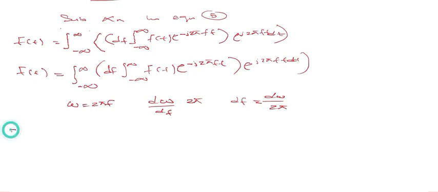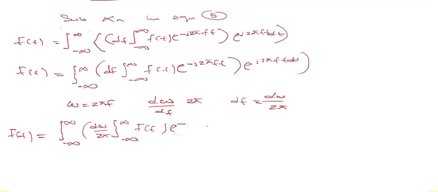So now we are having f of t equals the integral from minus infinity to infinity. Instead of putting f here, we are going to put omega over 2 pi, the integral from minus infinity to infinity of f of t times exponential minus j omega t, since instead of 2 pi f we can simply put omega there.